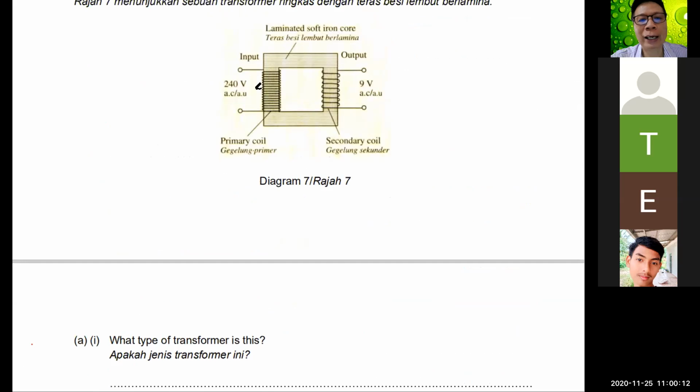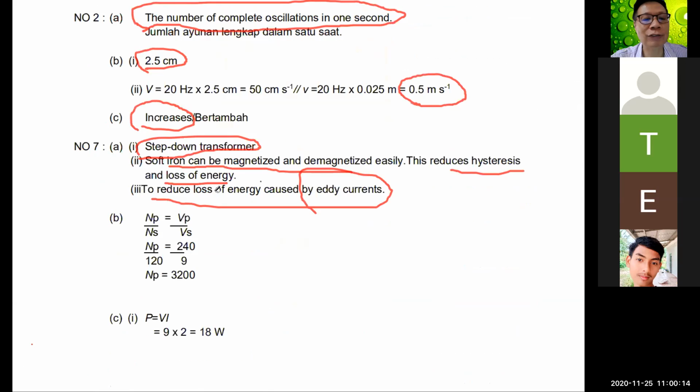They ask you to find how many turns here. So use this formula: NP over NS equals VP over VS. NS is 120, VP is 240, VS is 9. So you get 3,200 turns.